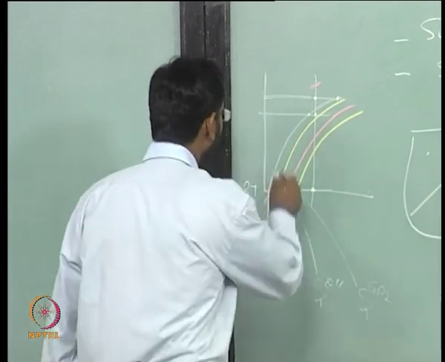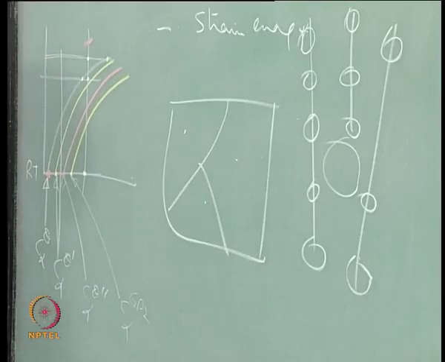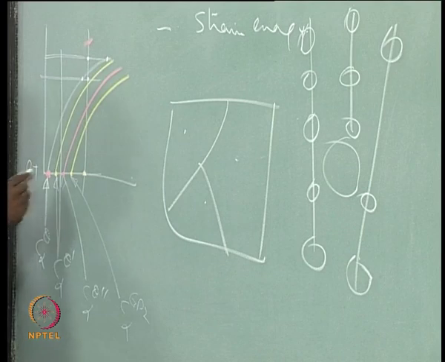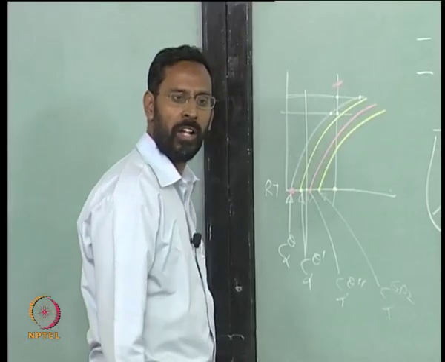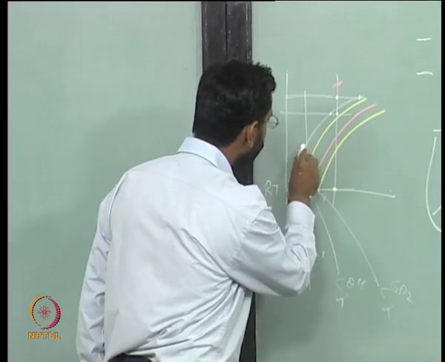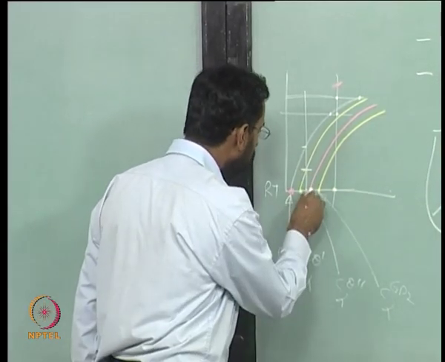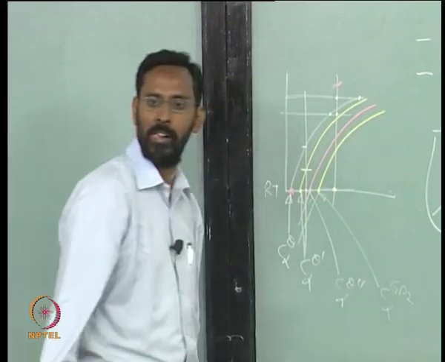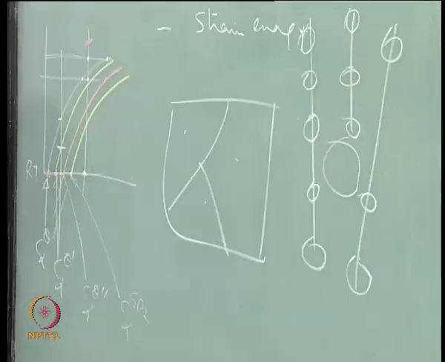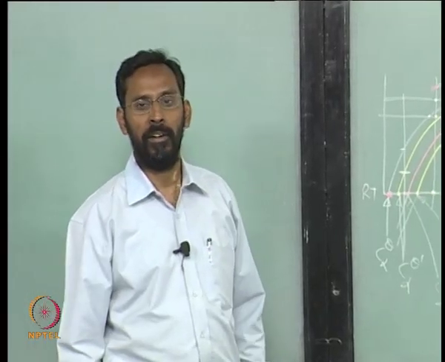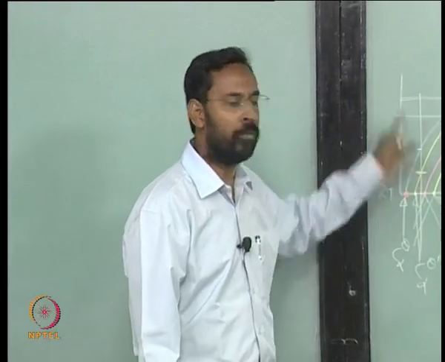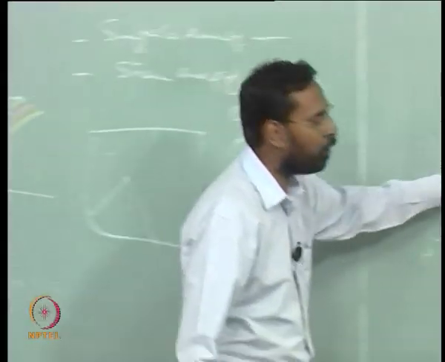Instead, if I choose another alloy, instead of 4% copper I choose 2% copper, then this particular composition at room temperature is below the solvus of this, below the solvus of this, but it is above the solvus of this and above the solvus of this. That means the GP zone and theta double prime cannot nucleate from this alloy if it is brought to that temperature, and that is what I was trying to explain.